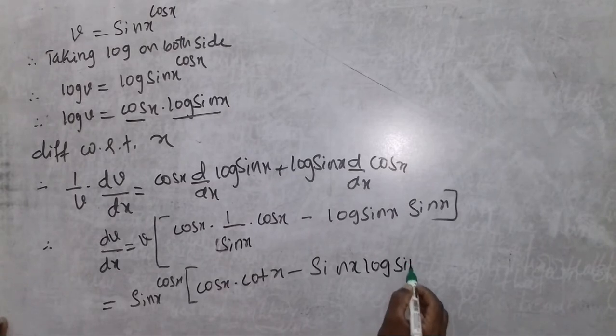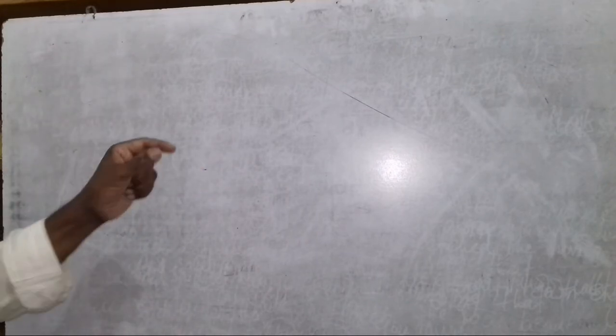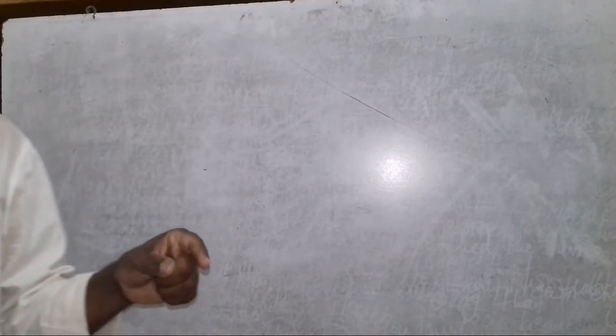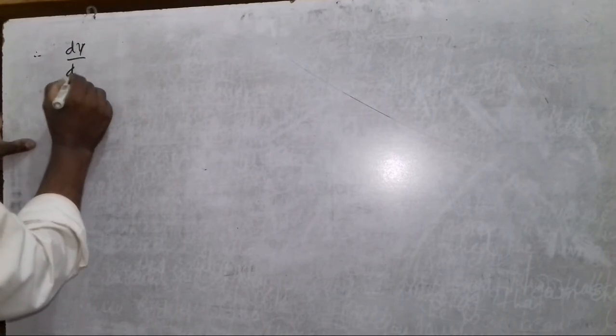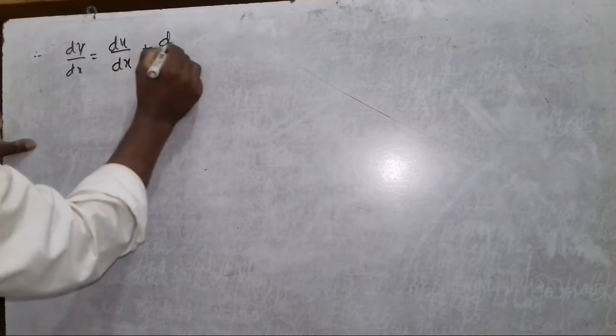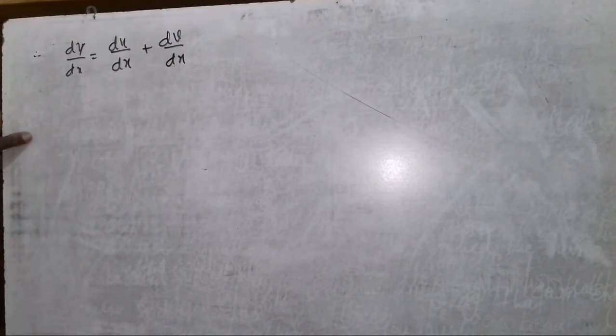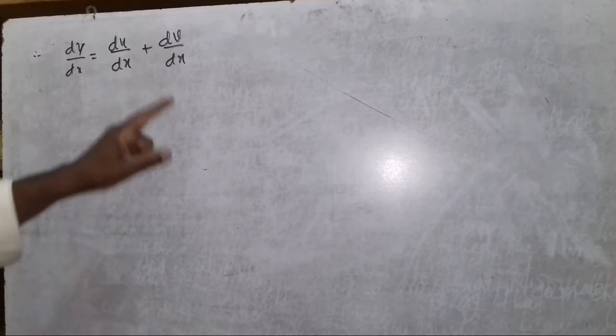Now substitute the results, that is du by dx and dv by dx, in the first result. The first result is dy by dx equal to du upon dx plus dv by dx. Substitute du by dx from 2 and dv by dx from 3.